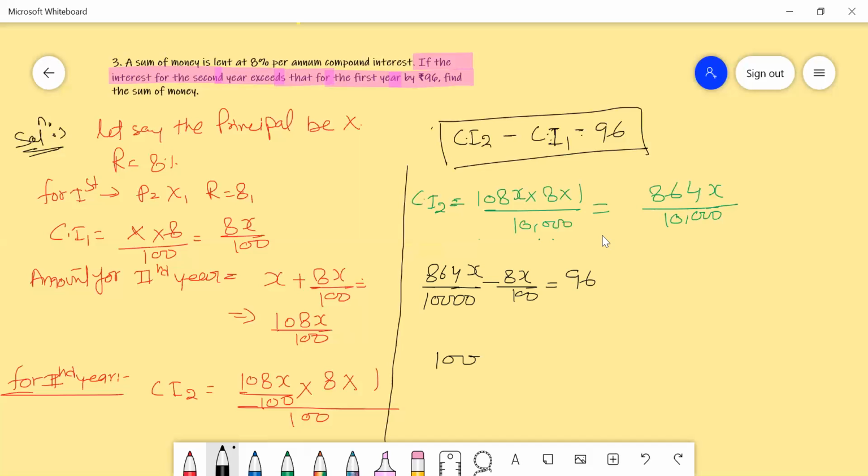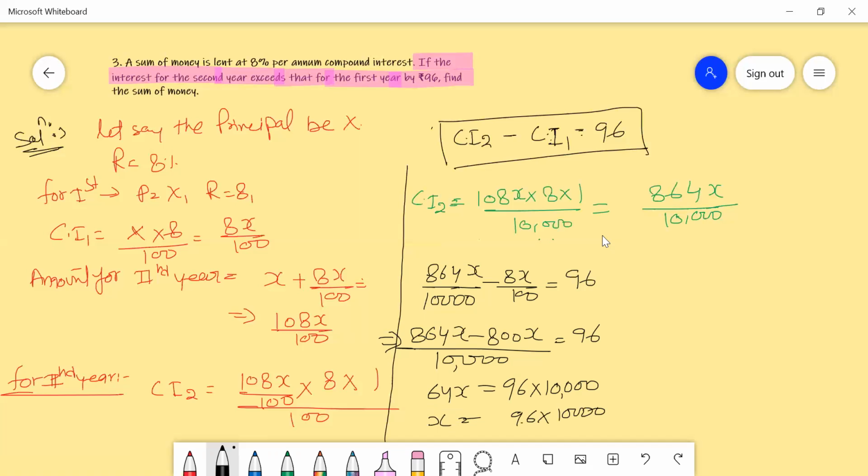When we take LCM, that is 10,000, 864x minus 800x is equal to 96. So we get 64x upon 10,000. So 10,000 goes to the other side: x is equal to 96 into 10,000 upon 64.